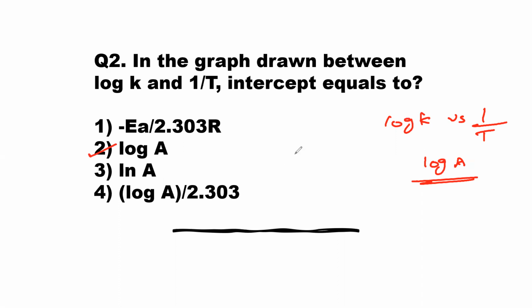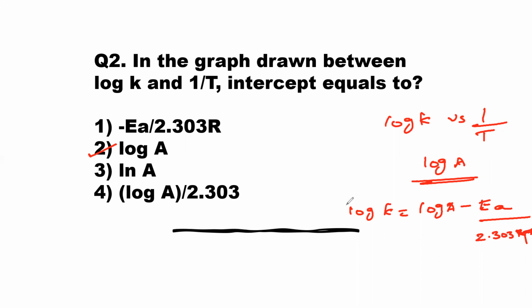Based on Arrhenius equation, what is Arrhenius equation? Log K is equal to log A minus EA, energy of activation, by 2.303 RT.